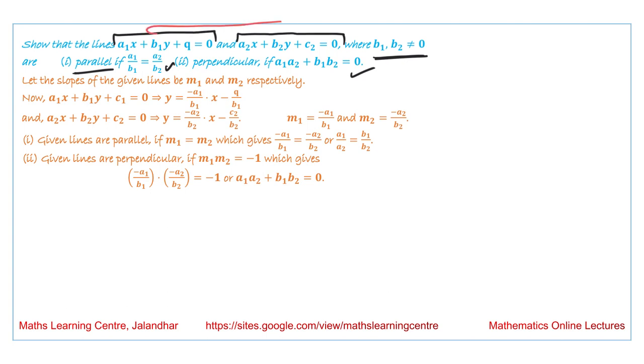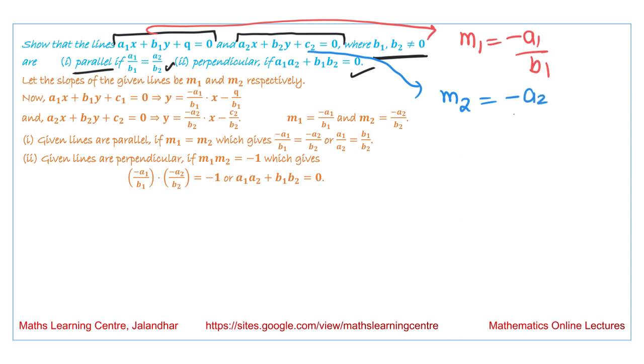Now corresponding to this first line, the value of slope m1 will be minus a1 by b1, the negative of the coefficient of x divided by the coefficient of y. And corresponding to this second equation, the slope m2 is equal to minus a2 by b2. This is the slope.